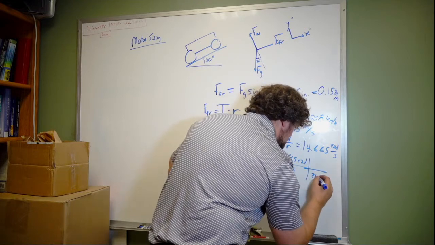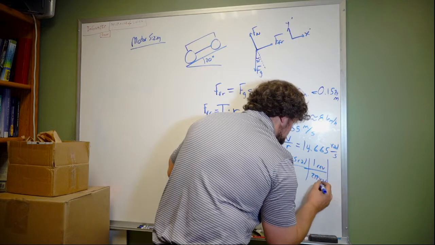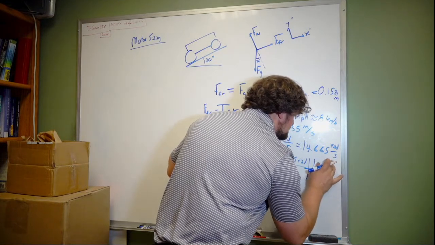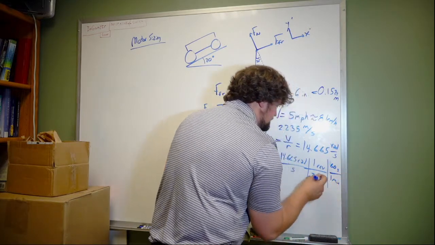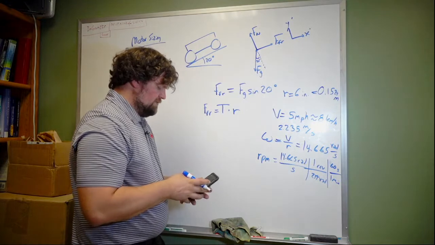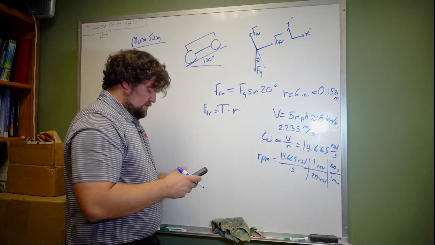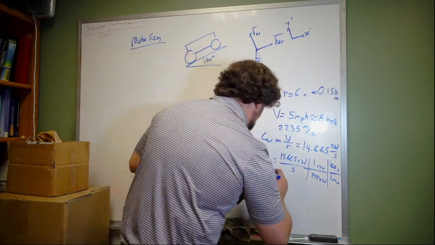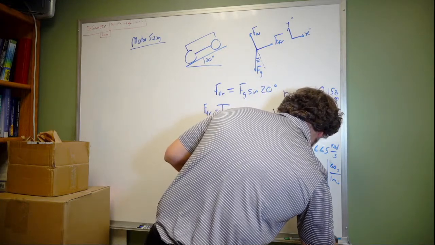We know that there are 2 pi radians in 1 revolution, and then we know that there are 60 seconds in 1 minute. So if we do that math, then we get 140 RPM nominal.